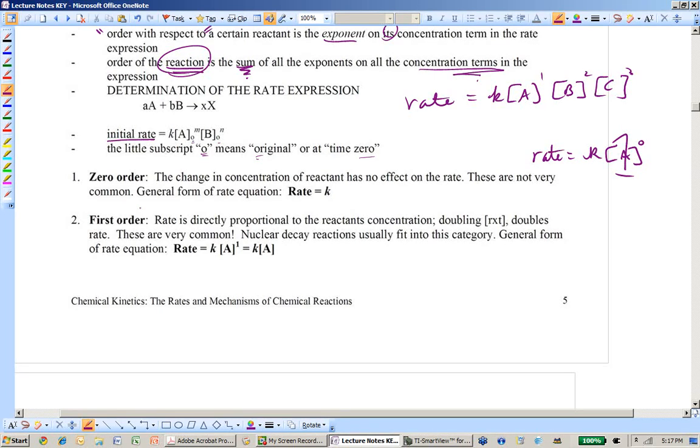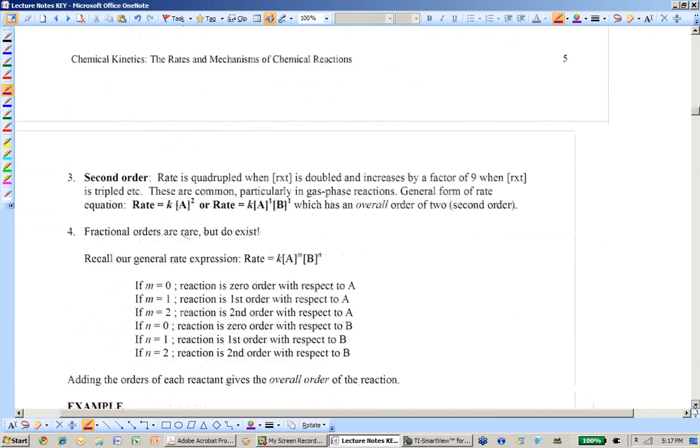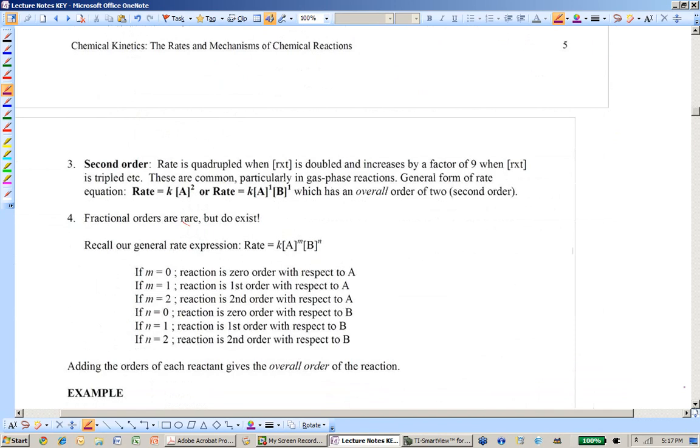So the general form of the rate equation is rate equals K. First order means exactly that there's an exponent of 1, so rate would equal K[A]. Nuclear reactions, decay reactions, usually fit into this category. So it's pretty common to have exponents of 1, and it's pretty common to have exponents of 2.